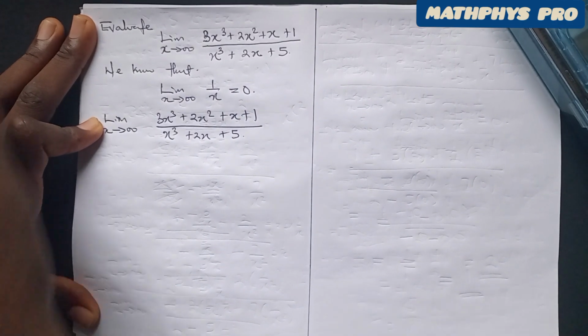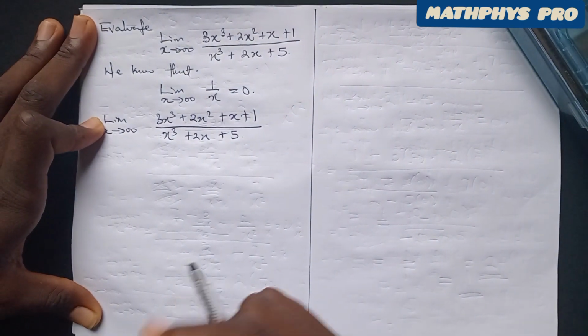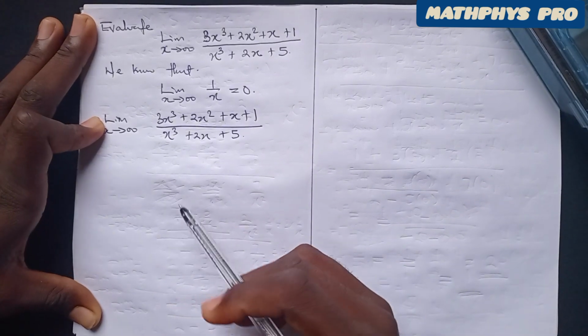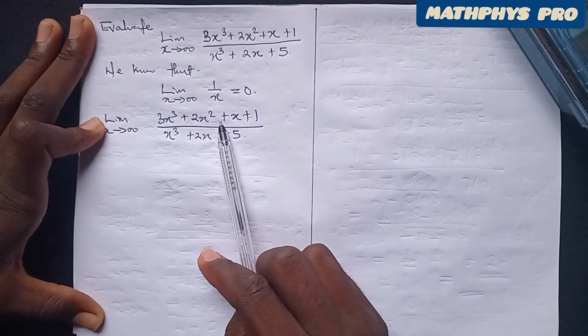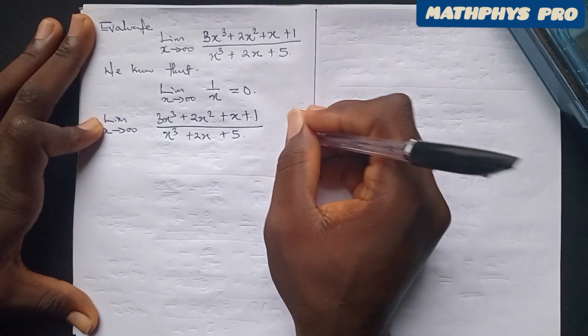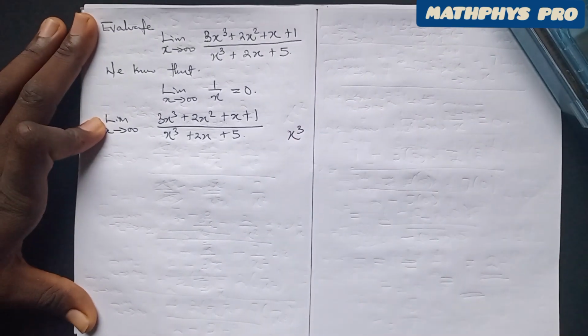So now, the next thing to do, divide the numerator and denominator by the highest power of x occurring either in the numerator or in the denominator. So the highest power of x is what? X cubed.